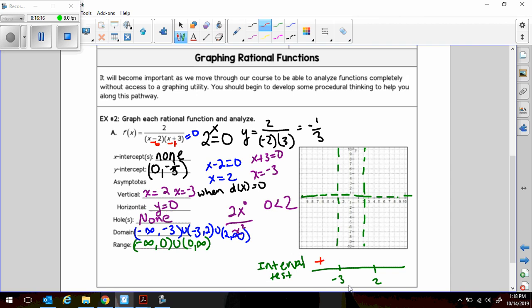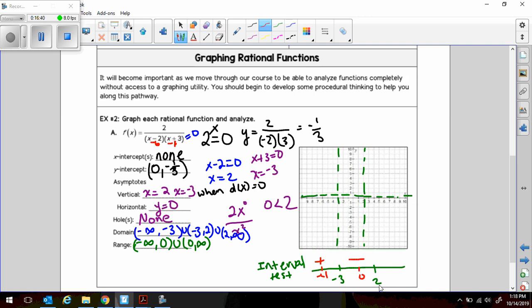I can't try negative 3, so I'm going to try something in between. I really like to try 0 if I can. If I plug in 0, I get 0 minus 2, which is negative 2, and then 0 plus 3 is 3. This would be a negative number. So 2 over a negative number would be negative.